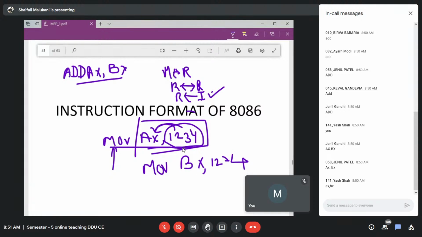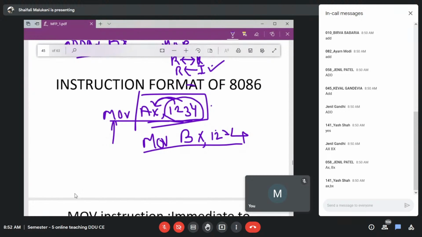Can I say this is the same type, but the instruction is different here? This is also immediate to register transfer, but this instruction has to be separated from the first. The code of these two must be different. Otherwise, how will the processor know that you have to move to AX here and to BX here?